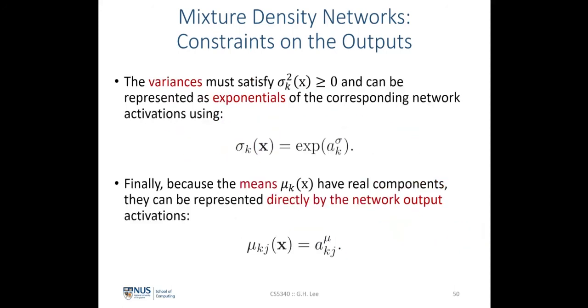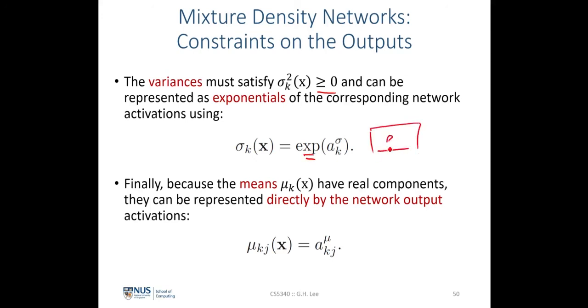Now, we'll do the same for the variance, where there's also a constraint that sigma squared must always be greater than or equal to 0. And this can be implemented as a differentiable exponential function in the last layer of my neural network.